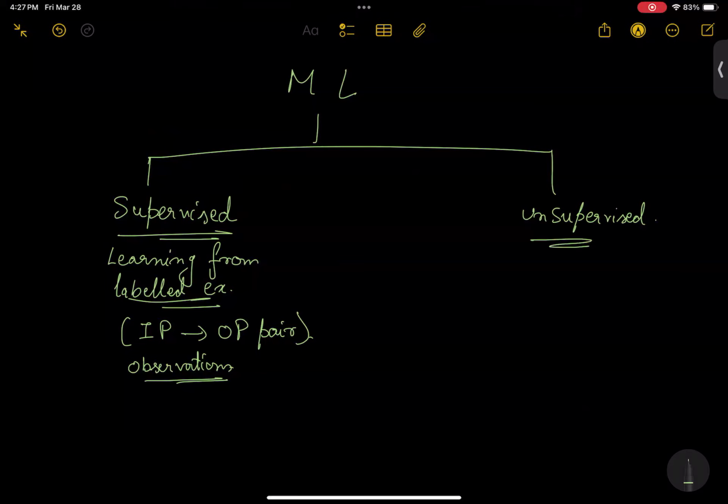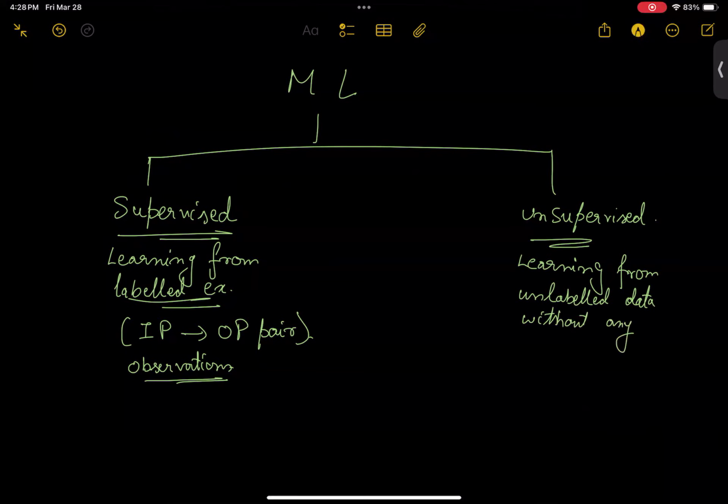So it is learning from unlabeled data without any guidance.